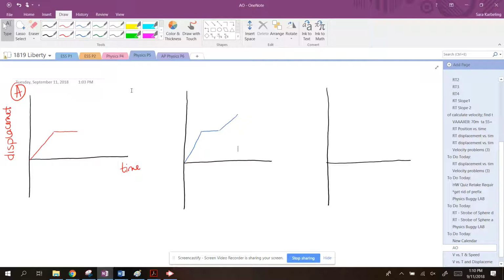Draw that graph. Talk to your table mates. Have a conversation. What is going on? What's that? If you go behind from where you're starting from, there's still a displacement.